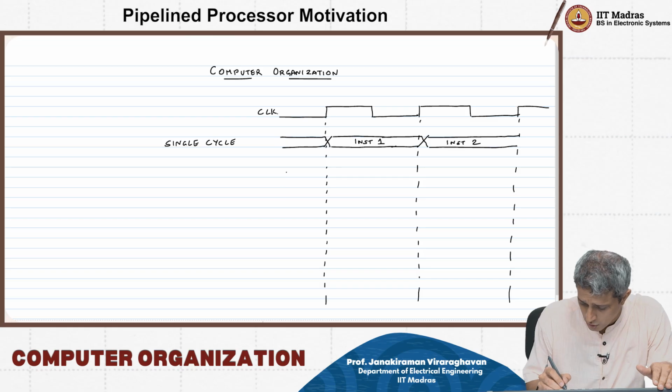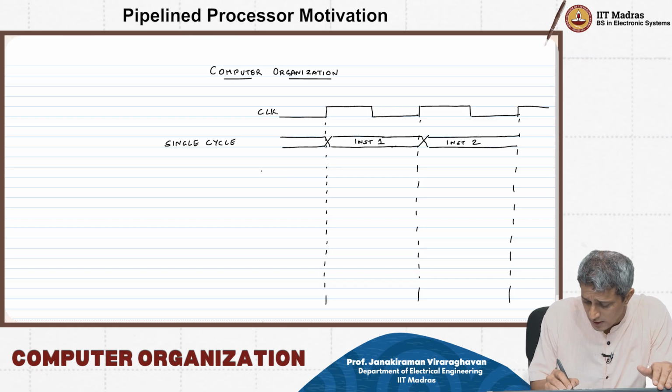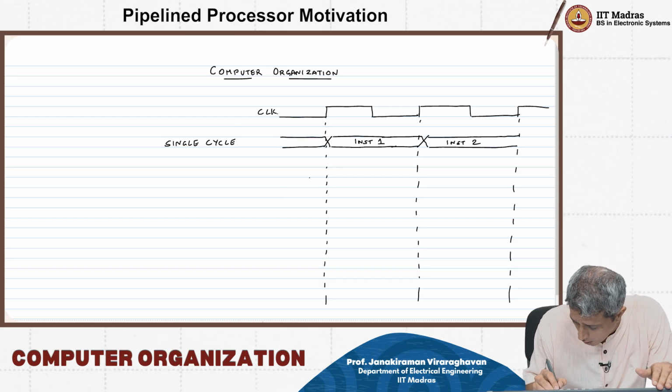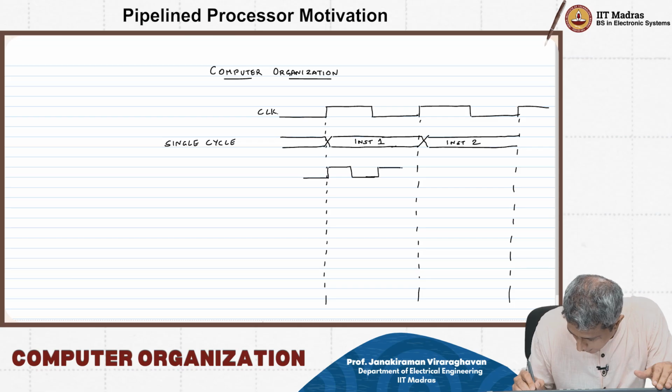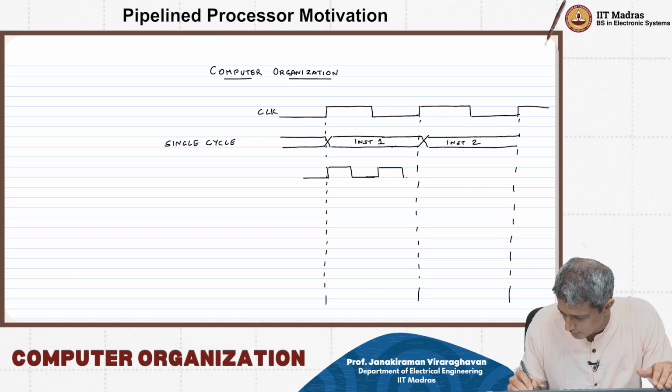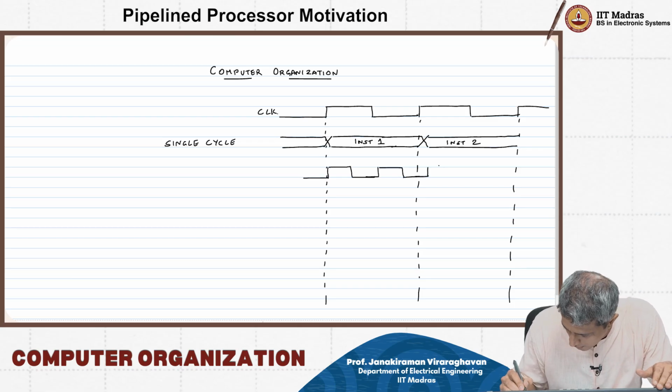The idea of moving to multi-cycle is that the clock can technically be broken into smaller periods. I could even do nearly half the period, but it need not be exactly half.